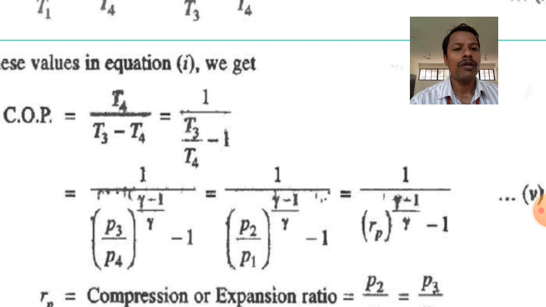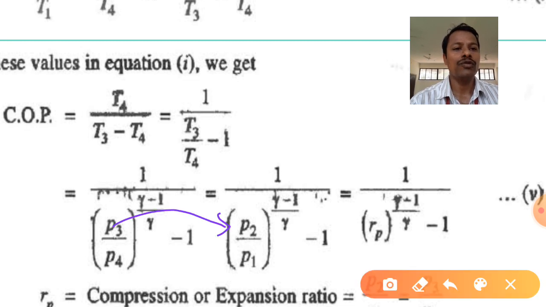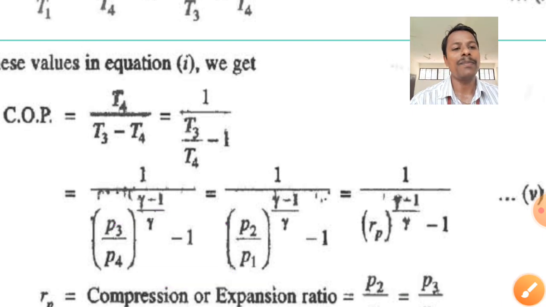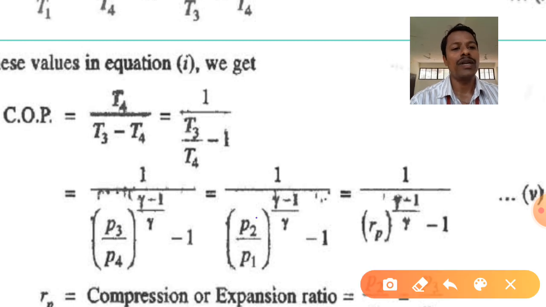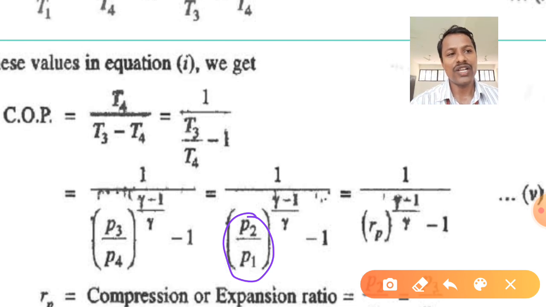Now, as you know, P3 is equal to P2 from the PV diagram, and P4 is equal to P1 from the PV diagram. Again, I am replacing them. Therefore, 1 divided by P2 upon P1 bracket raised to the power gamma minus 1 divided by gamma. We know that P2 upon P1 can be called the pressure ratio, or in the case of P3 and P4 it is the expansion ratio.